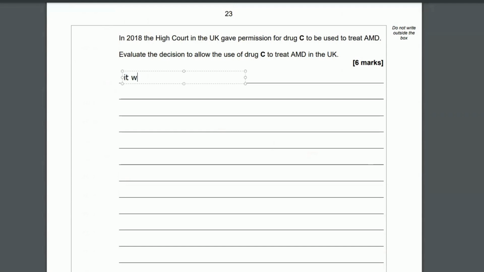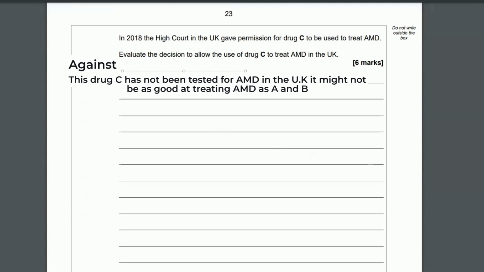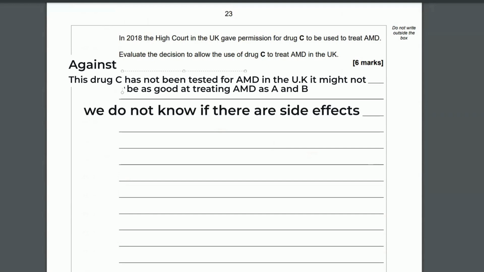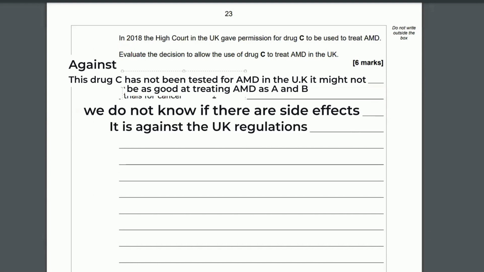Okay, so generally when I see an evaluate question, I want to do 3 points for, 3 points against, and then give a seventh point, which is my final opinion. To be honest, you probably only need 2 for, 4 against, or you can do 3-3 or 4-4, 2 against. And one of those can be your final opinion.